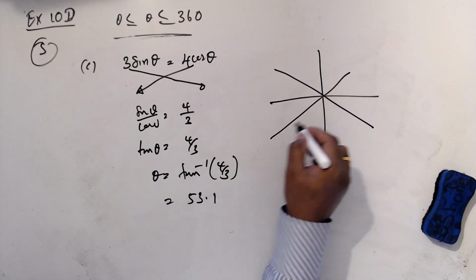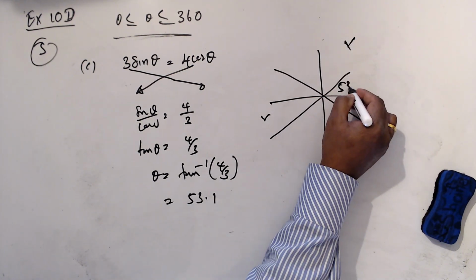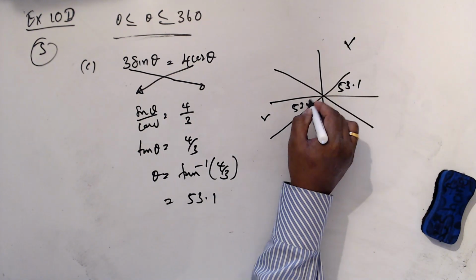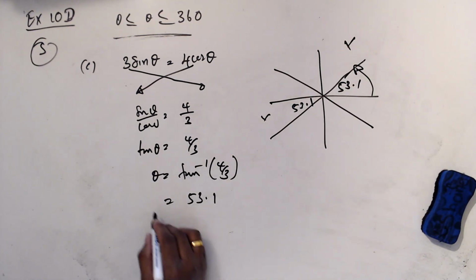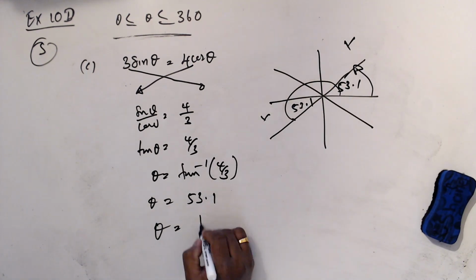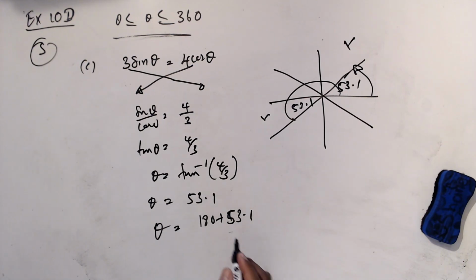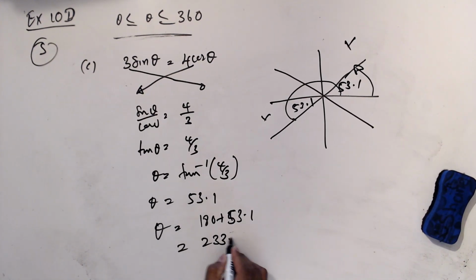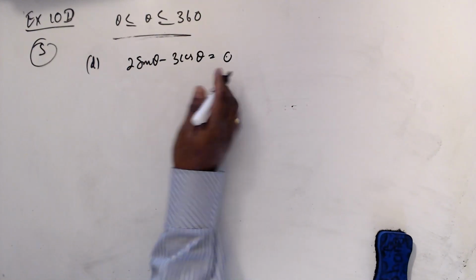Tan is positive in this one and this one. 53.1, 53.1. So this is theta equal 53.1 and this is theta equal 180 plus 53.1, 233.1.